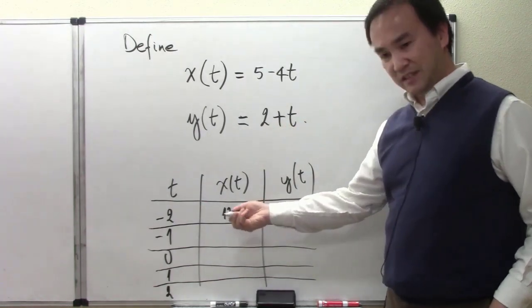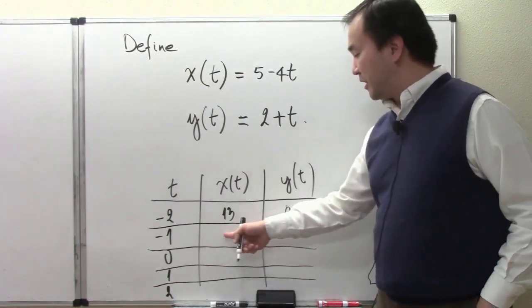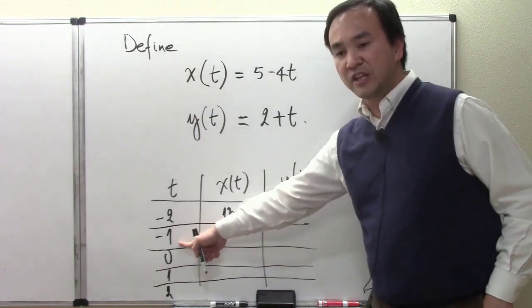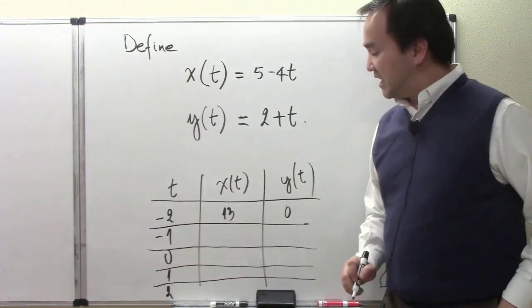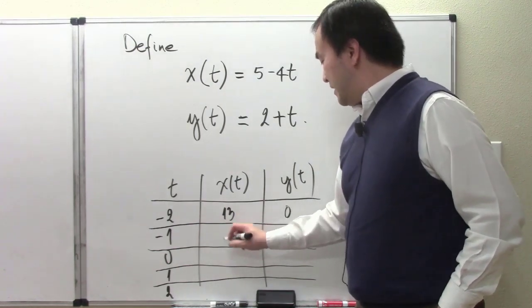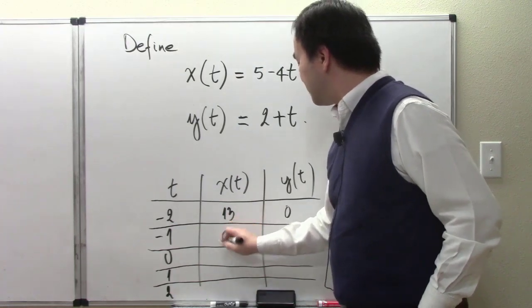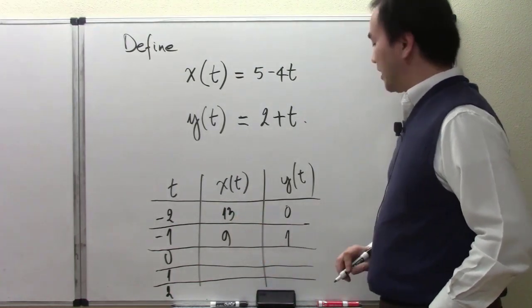So just like that, viewers can go ahead and start independently calculating the corresponding values for x and y on each of the other t values. I'll be doing the same here. When t is -1, we're looking at 9, and that's positive 1 for y.